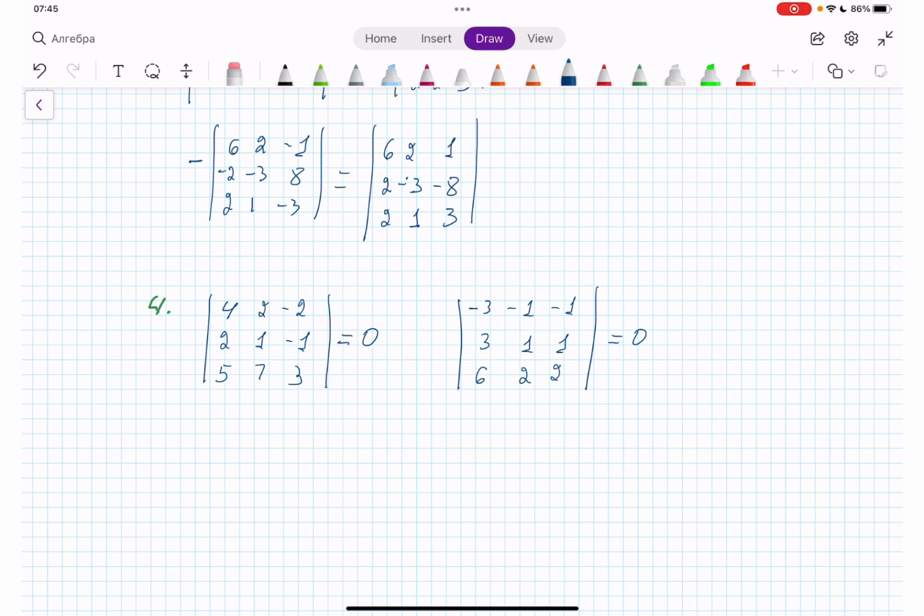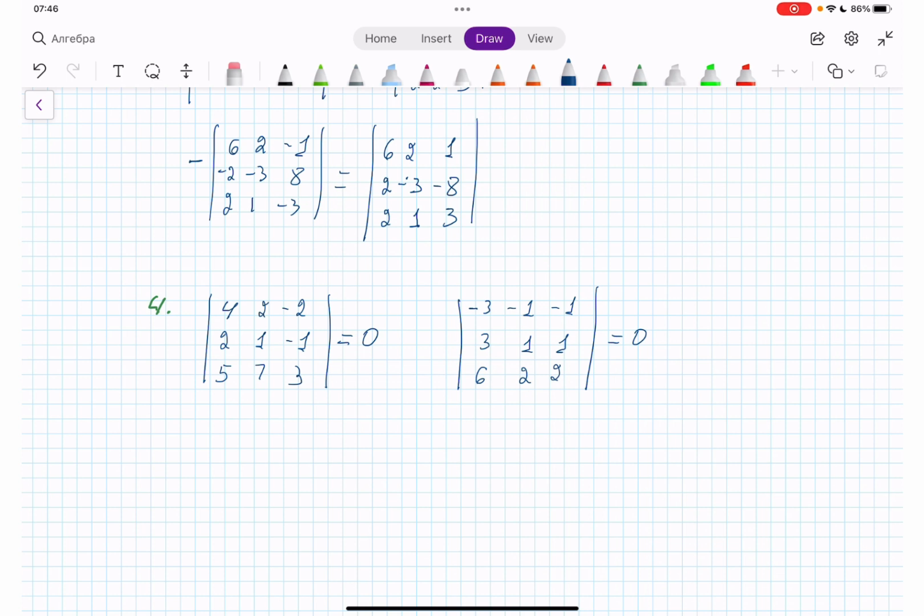Okay, so these properties I mentioned are used in practice, but here is the thing. The converse, the opposite direction, you can't say it's true, because if the determinant is equal to 0, it does not yet follow that its rows or columns are proportional.